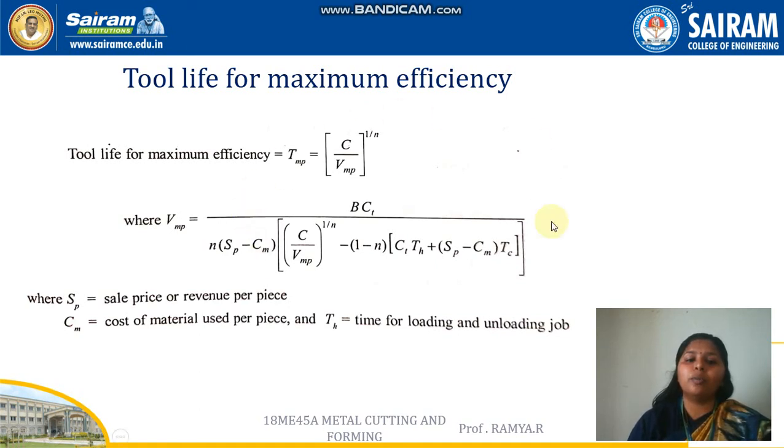So this is the formula that is used to calculate the tool life for maximum efficiency, where SP is nothing but the sale price or revenue per piece, and CM is nothing but the cost of material used per piece, and TH is nothing but time for loading and unloading the job. So this is about tool life for maximum efficiency.